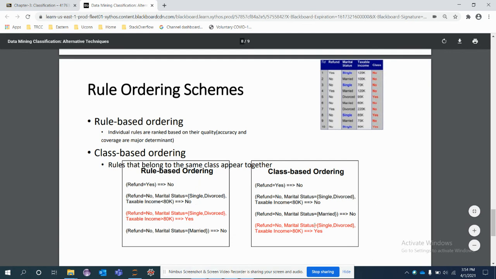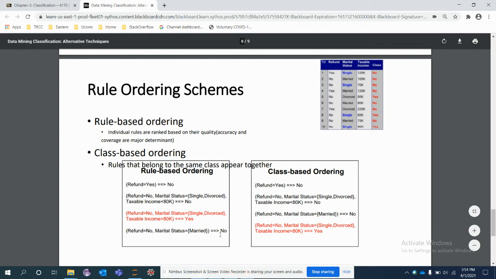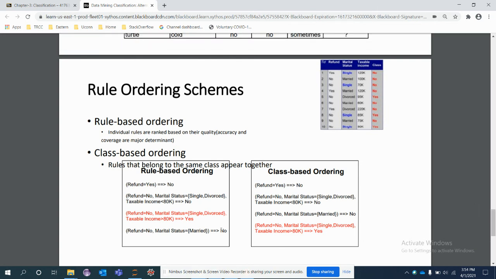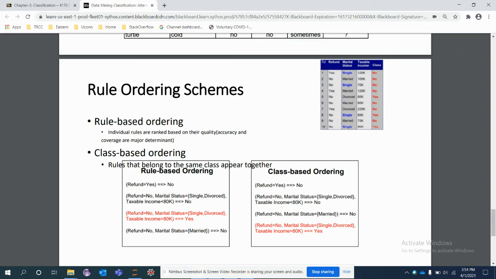And in the class based ordering, the rules are distinguished based on the classes yes or no. Here, yes and no are sorted in the order of decreasing importance. From this, we are still not clear about how the ordering criteria is applied, and there are also other ways which are further discussed in this chapter.